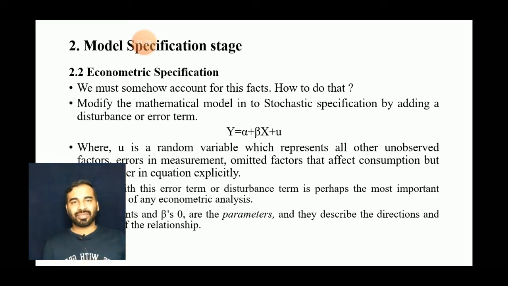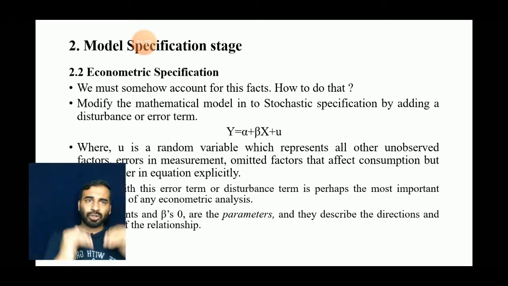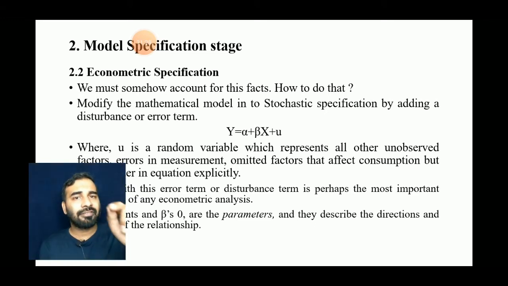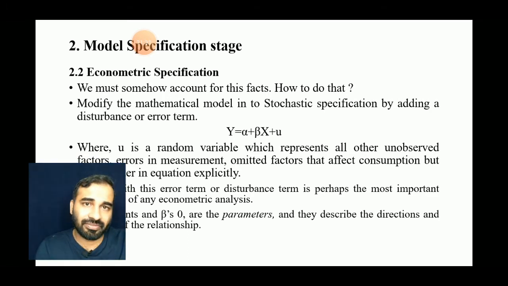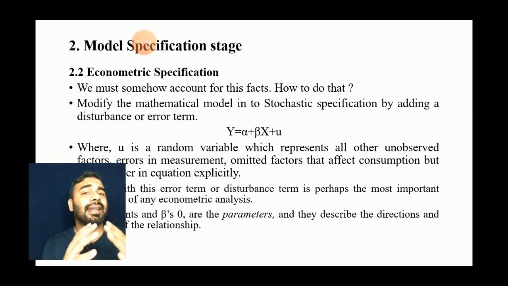Then apart from U, you can see an alpha and beta in this. What is that? These are the parameters. We will discuss these parameters later. You can see I am putting alpha and beta. In some books they have put A, B or A1, B1, B2, something like that. Don't get confused by that. It is simply a letter.